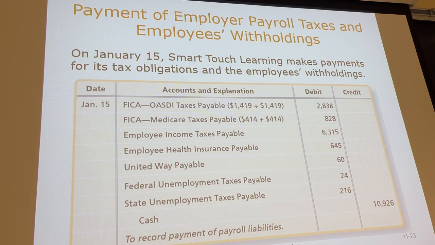And United Way payable came only from the employee. And then the FUTA tax and the SUTA tax, those came only from the employer. And then we only have one credit here, which is the cash. So we added up the total amount of all of our debits, and whatever that came to, that's the amount that we would credit the cash here for the total amounts of the payments that are being sent into the different authorities that the money would be going to.